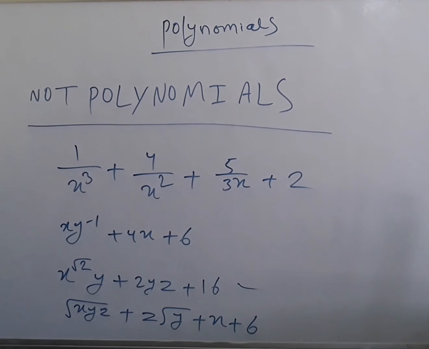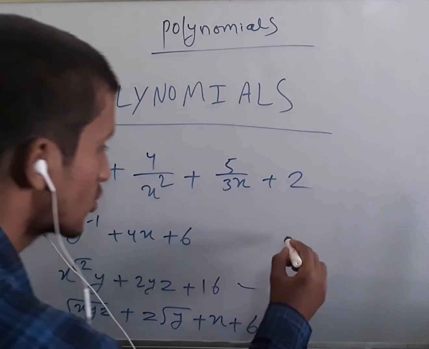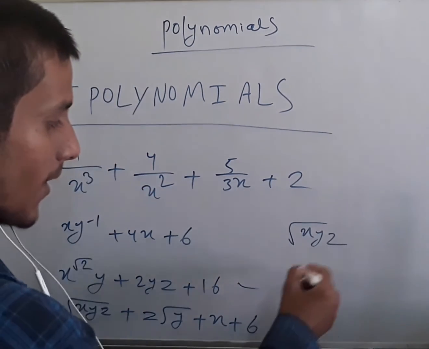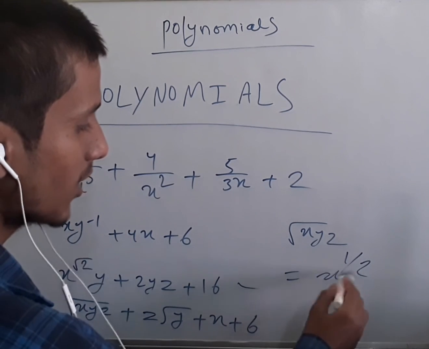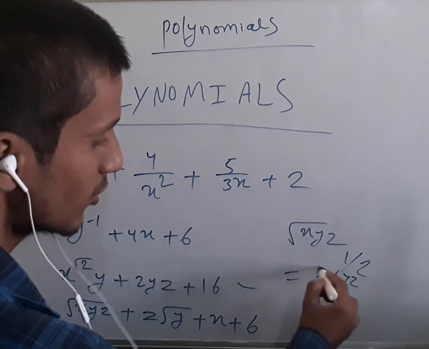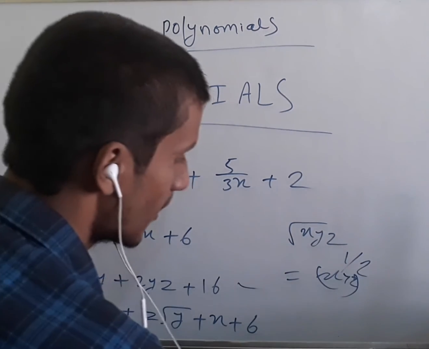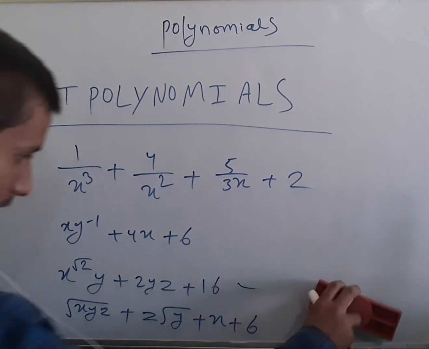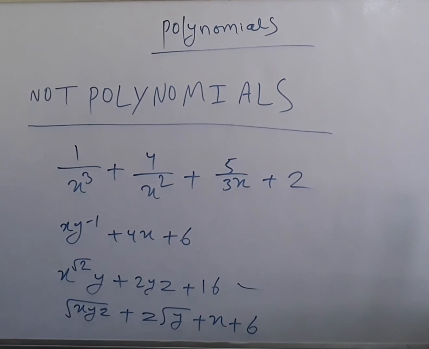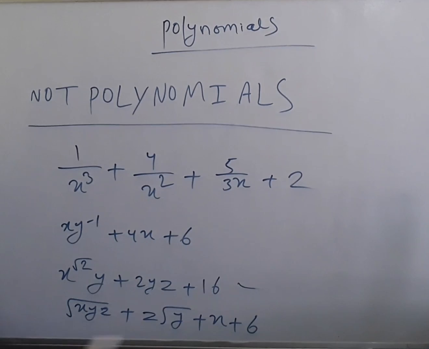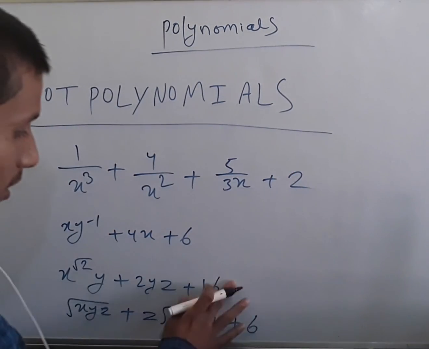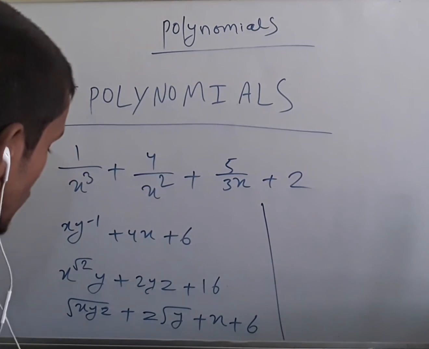You have the square root over x, y, z, and this is what makes it a non-polynomial, because the power of this whole xyz is half. It's a fractional part, not a whole number. That's why it's not a polynomial. So these are some examples of non-polynomial expressions.